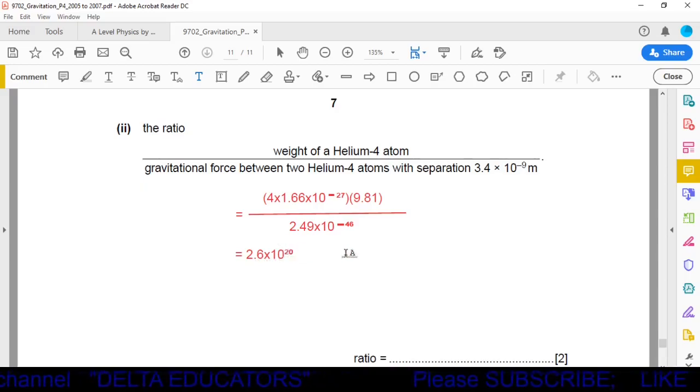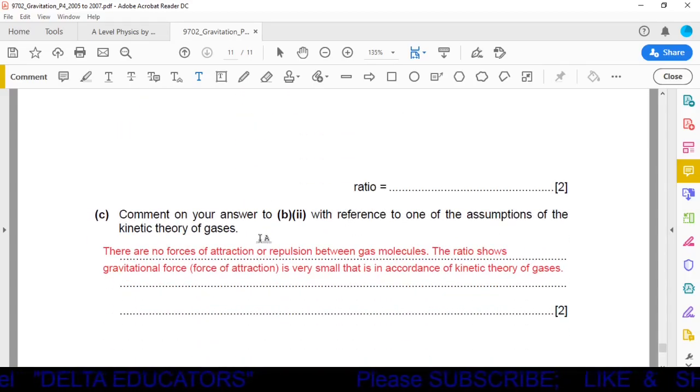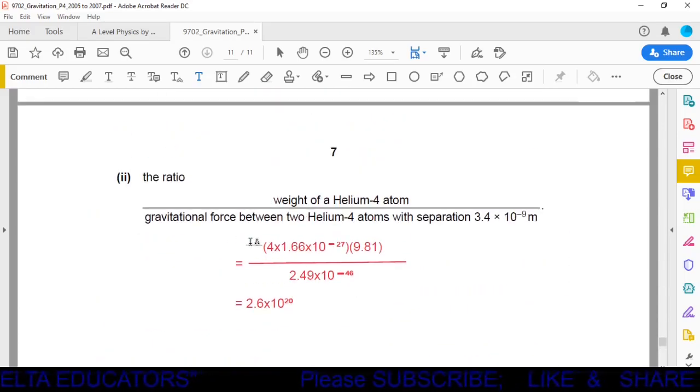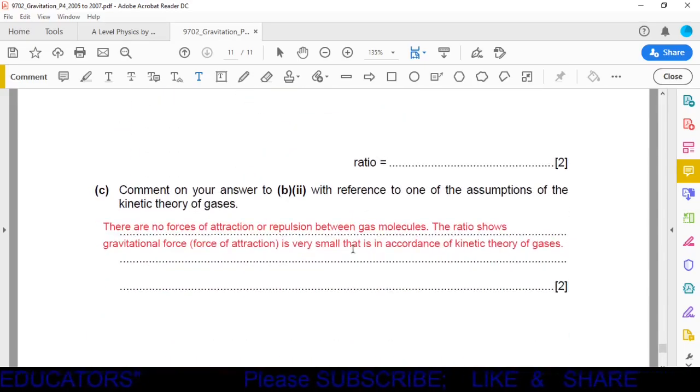It is positive 20 and negative 46, which means this force of attraction is very small. So according to kinetic molecular theory there is no force of attraction or repulsion between the gas molecules, and we have checked the same thing in our calculation, that the force of attraction is very small compared to the weight of the helium atom.